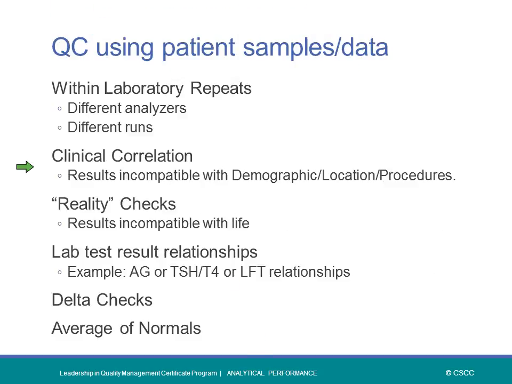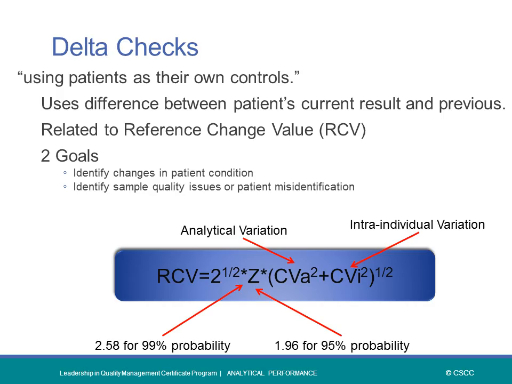I'm not going to go through each one in detail, but I'll focus on delta checks and average of normal as two concepts that can be used, using patient data, that can, in ways, offset some of the deficiencies of our internal QC processes using QC samples.